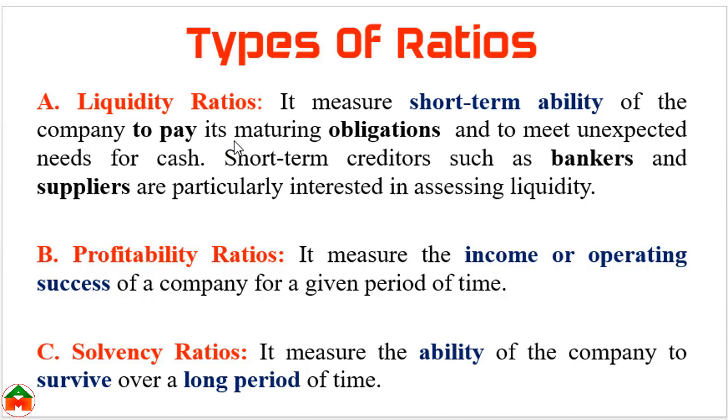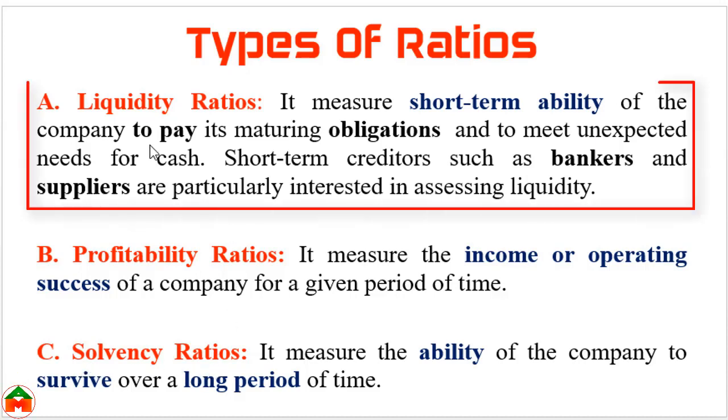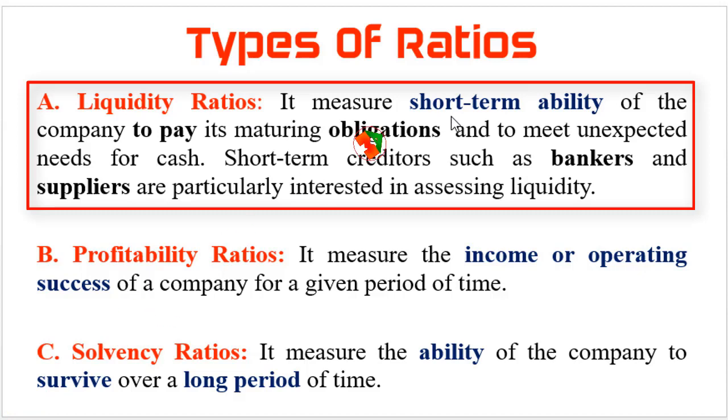Now we can see the types of ratios. Broadly, there are three types: liquidity ratios, profitability ratios, and solvency ratios. Liquidity ratios measure the short-term ability of a company to pay its maturing obligations and to meet unexpected needs for cash. Generally, bankers and suppliers are concerned about liquidity ratios.